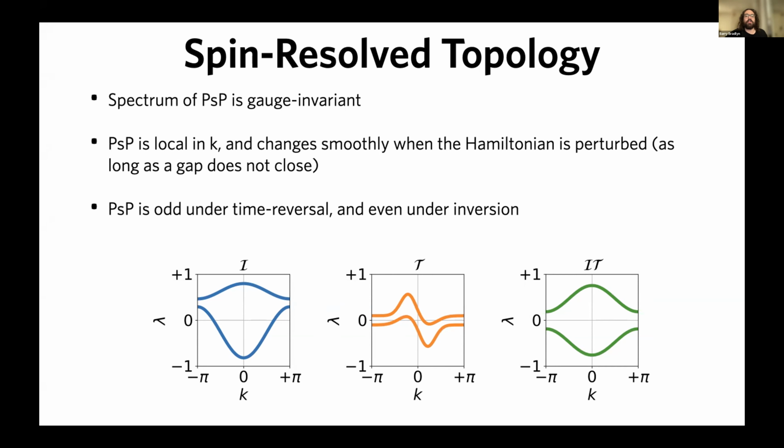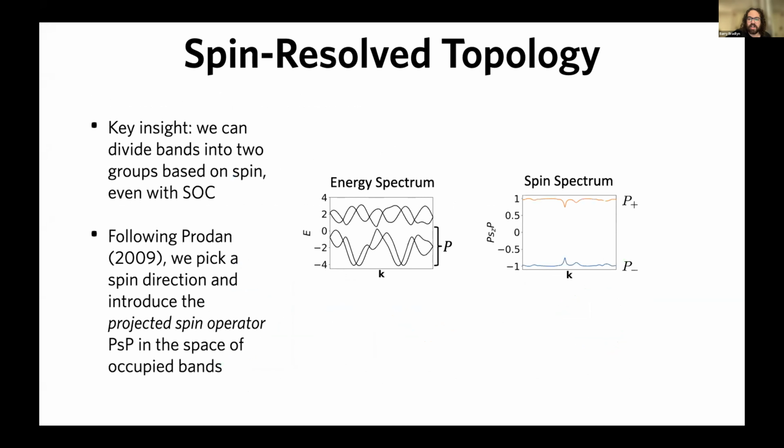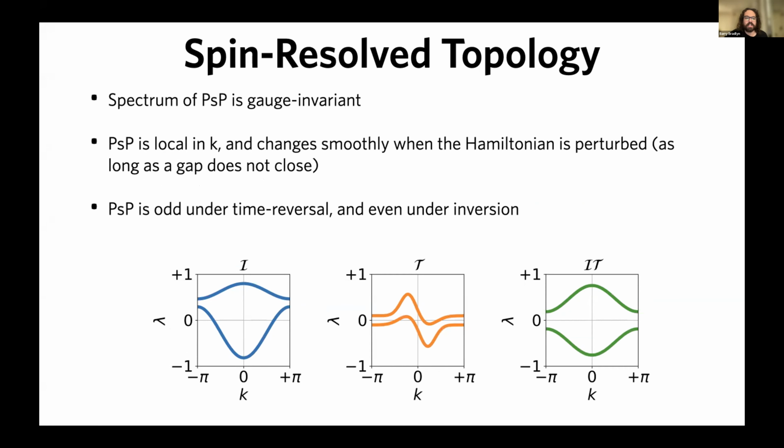So as I change the spin orbit coupling strength, I'm not going to all of a sudden close a gap between these upper and lower spin bands. And it's odd under time reversal symmetry, but even under inversion symmetry. So with both inversion and time reversal symmetry, like in my helical halide, the spectrum of the spin operator is symmetric about 0.